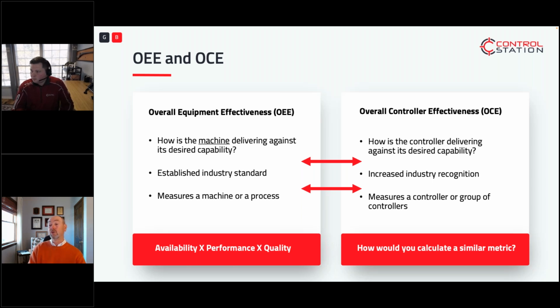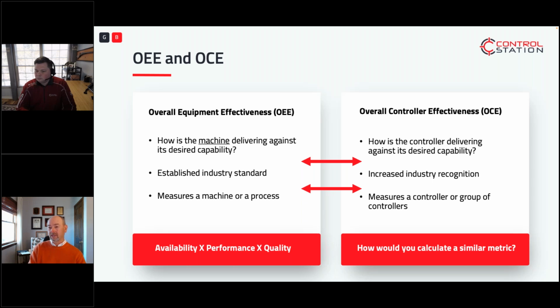And is it producing product that is of satisfactory quality? And using that combination of information as a way to say, is the piece of equipment or group of equipment in the form of a process delivering what it should be delivering to the plant? And how do we know where it stands?